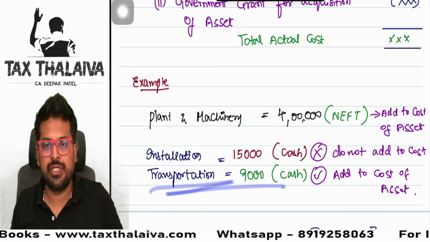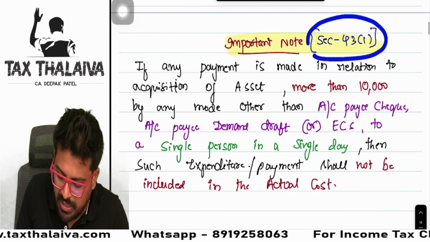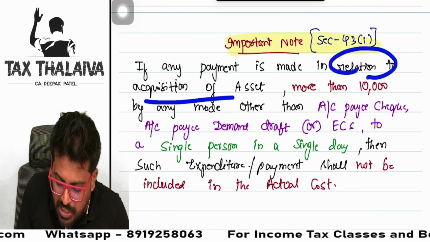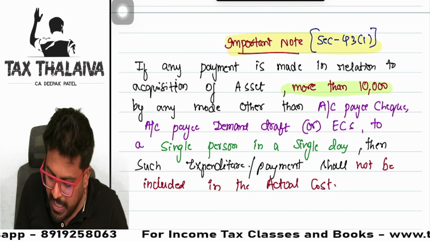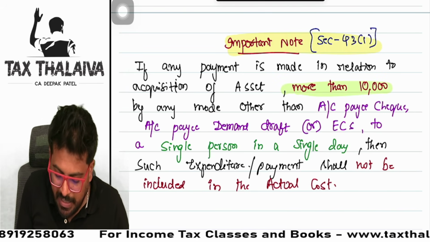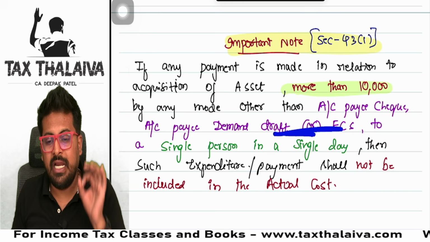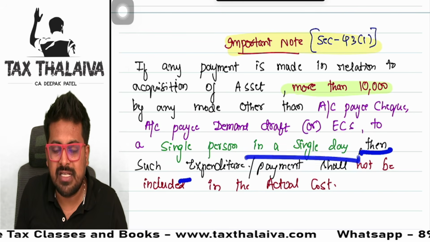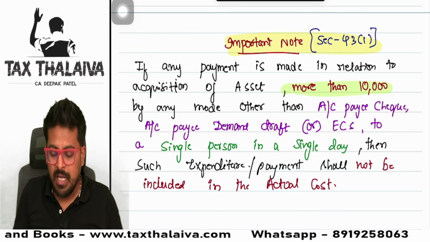Now, important, section 43(1). If any payment is made in relation to acquisition of asset, more than 10,000, very important, if you have made it by any mode other than account payee cheque, account payee demand draft or electronic clearing system to a single person in a single day, then such expenditure shall not be included in the actual cost.